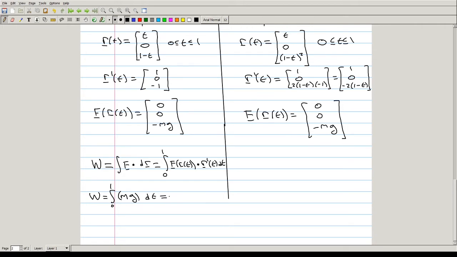And this is mg times the integral of 1 dt, which is equal to t from 0 to 1. So the work done in this case is just m times g. So this is the work done on path 1.